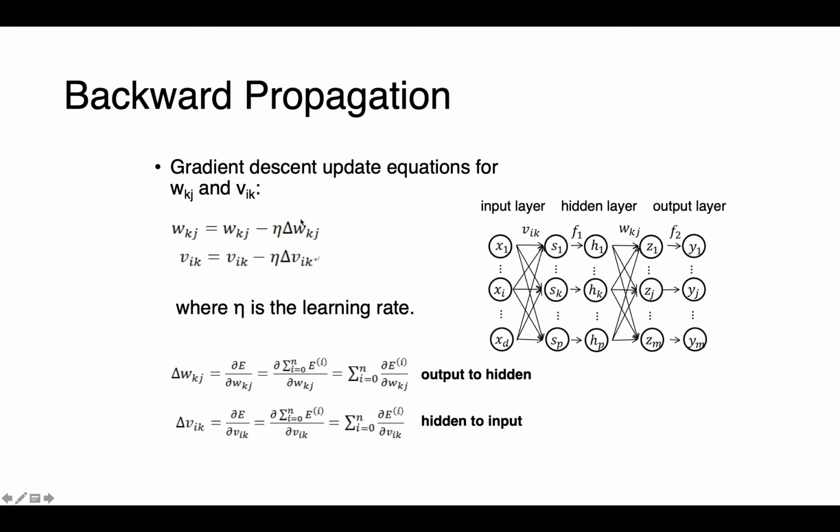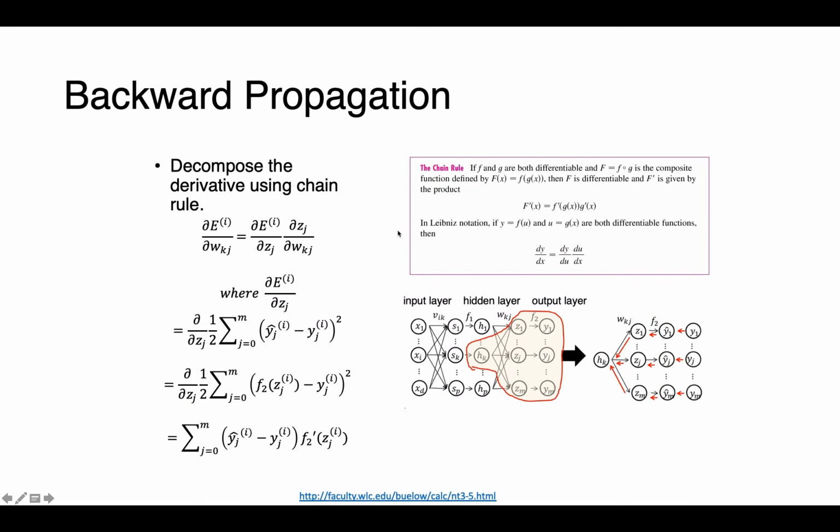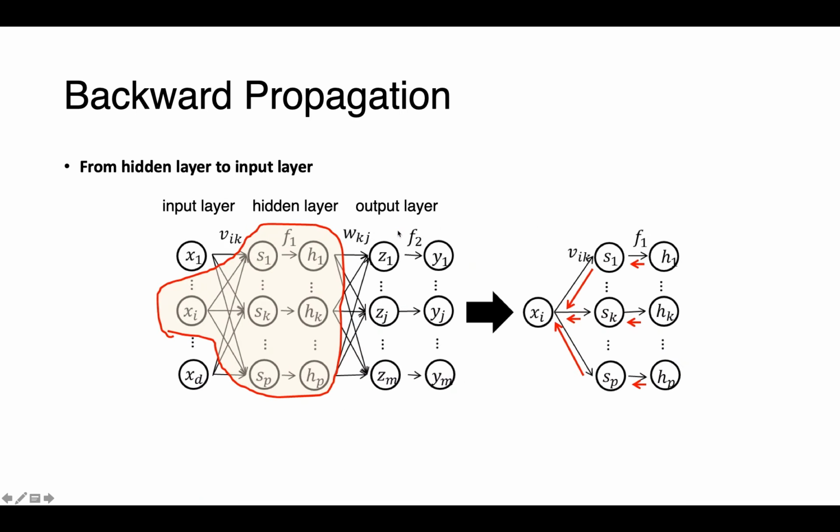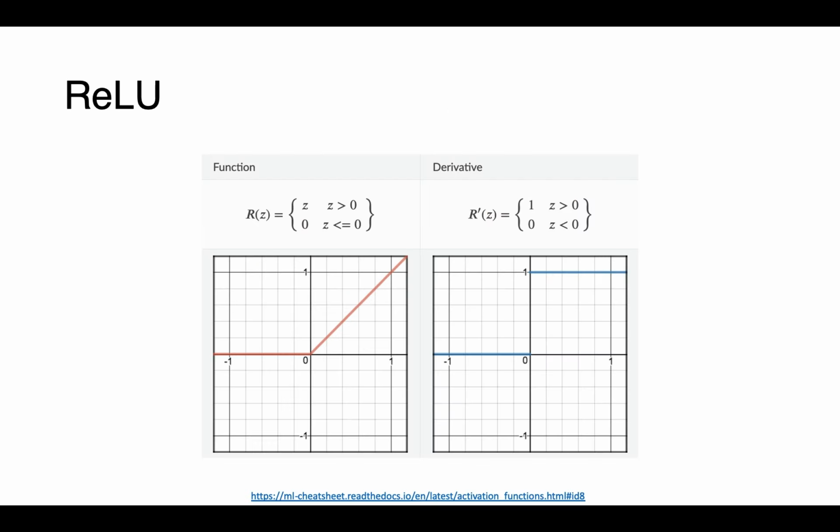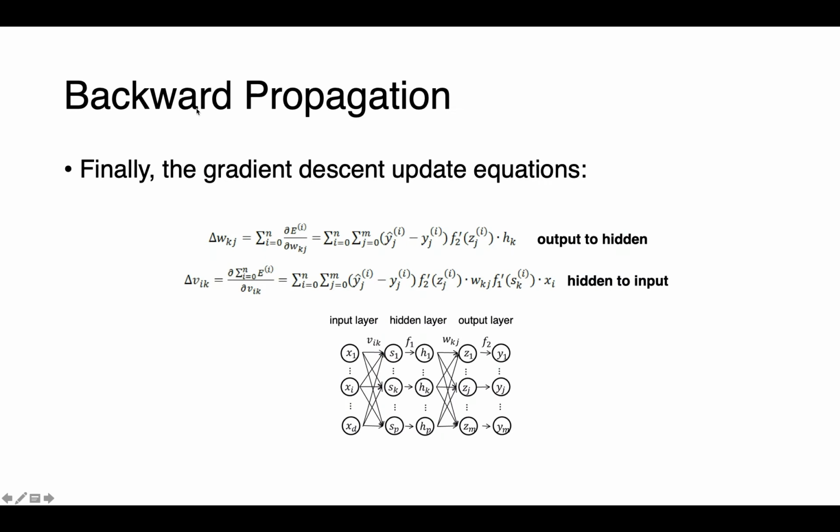Here we have some derivation of backpropagation to show you how the error is being propagated from the output layer to input layer. Let's skip this because we don't have enough time to go through the detail. Okay, here finally are the gradient descent update equations of this neural network, which is an MLP, multi-layer perceptron.